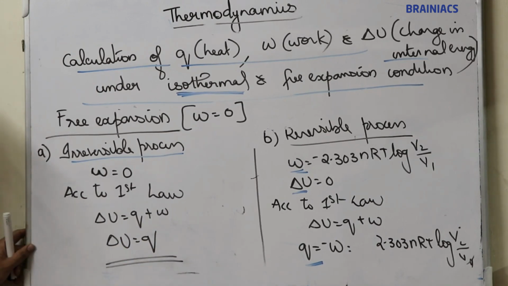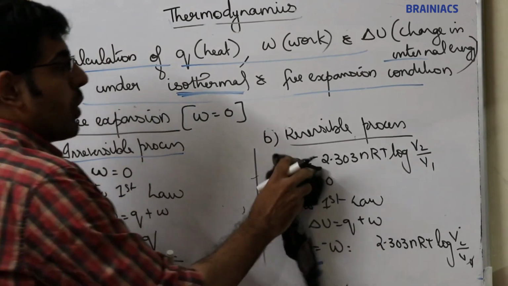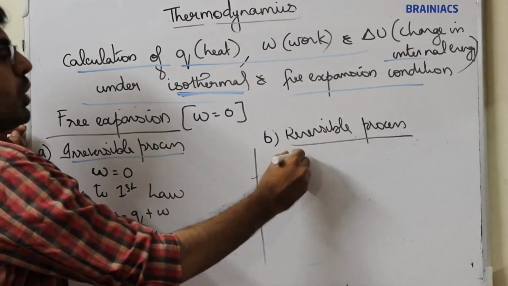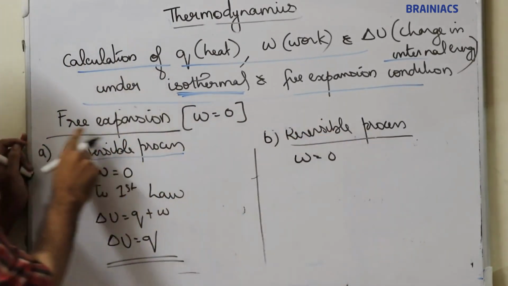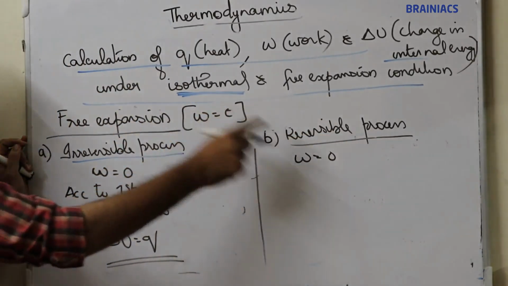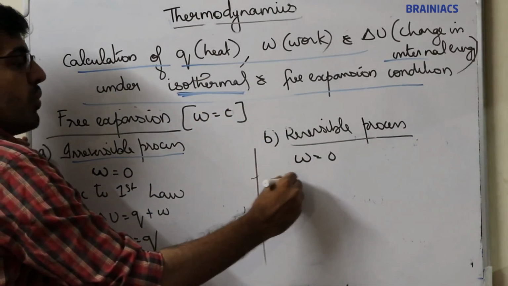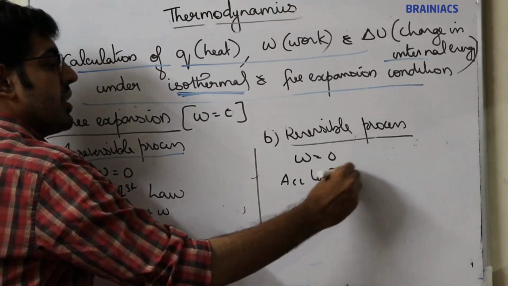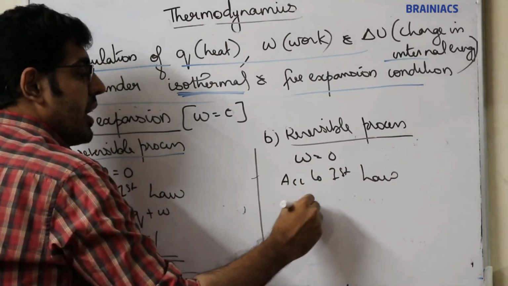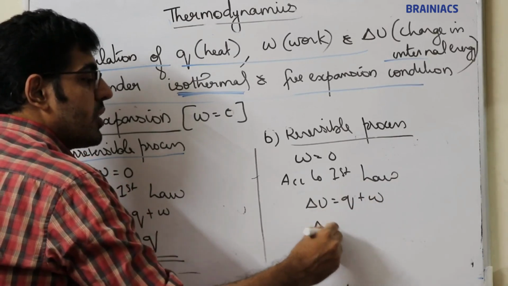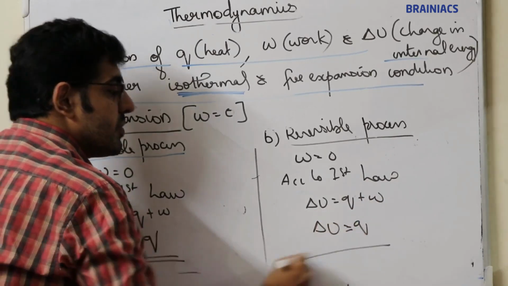Delta U is equal to Q. Now, for reversible process also, W is equal to 0, since under free expansion condition, W is equal to 0. So according to first law, delta U is equal to Q plus W. Since W is equal to 0, you will get delta U is equal to Q.